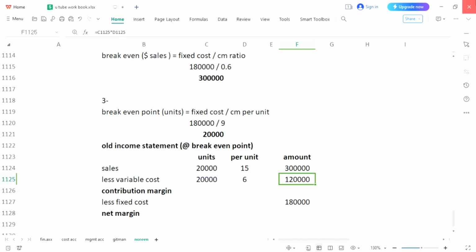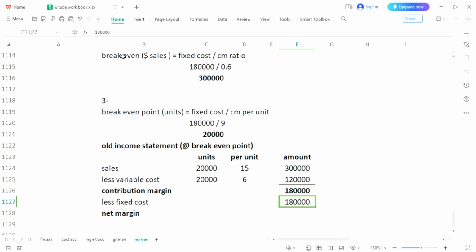It's time to calculate our contribution margin, which is the difference between sales and variable cost. So how much sales? 3 lakh. To calculate the difference, we will subtract variable cost, which is 1,20,000. So here we have got our contribution margin, which is 1,80,000. Now we can calculate our net margin, which is the difference between contribution margin and fixed cost.